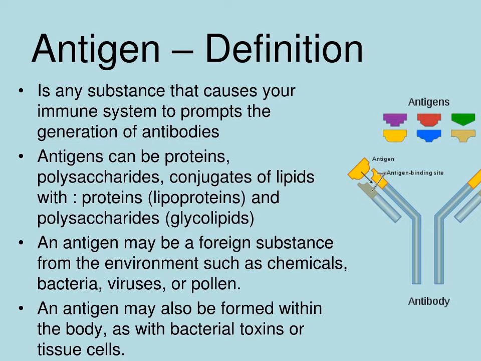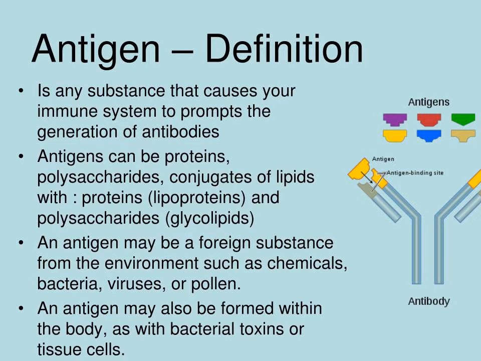Antigen. What is an antigen? As a definition, in a simple way, we can say that an antigen is any substance that enters our body and causes an immune response.